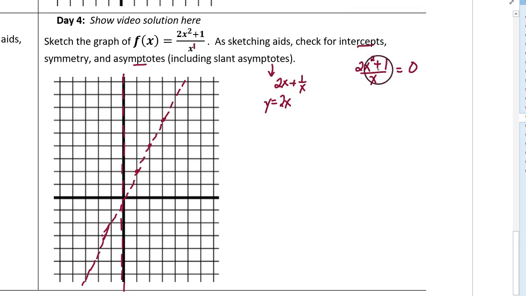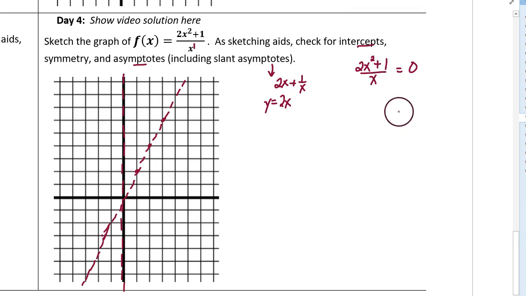In order for this to turn out to be 0, then this part right here, the 2x squared, would have to turn out to be negative 1, because then negative 1 plus 1 would make a 0 in the numerator. But there is no way for this to turn out to be negative 1, because it has an x squared in it. And x squared cannot ever be a negative number. So we figured out that there are no x-intercepts.